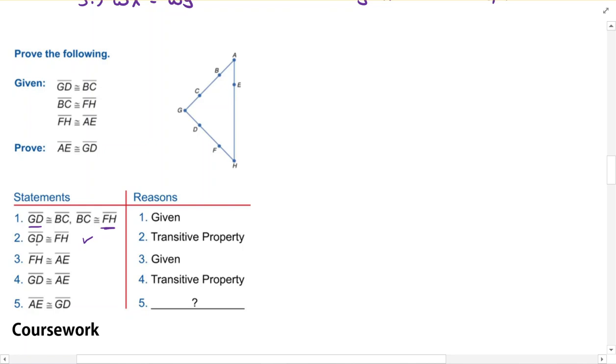So now we have that GD is congruent to FH and FH is congruent to AE. So that makes sense for the next step that GD is congruent to AE, but we wanted to prove it in the reverse order. So this would be symmetric because we flipped it around the congruent side. And that concludes our lesson 427.